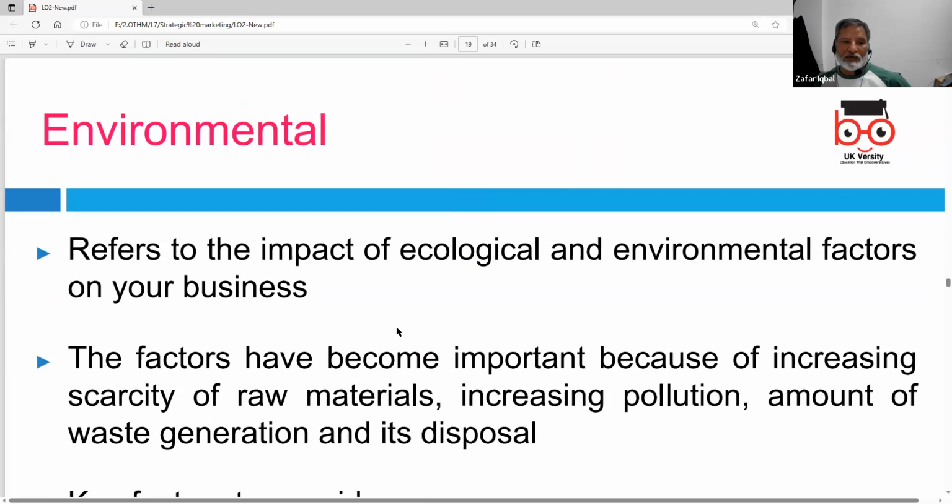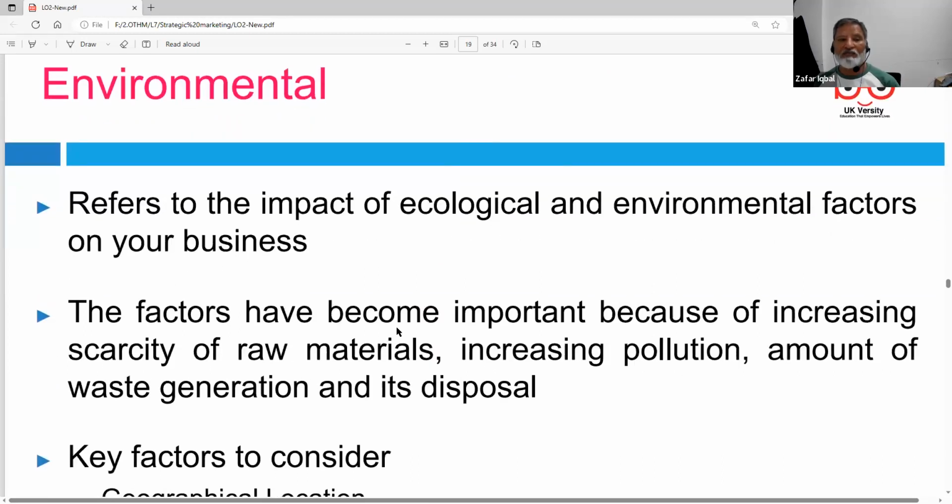Lastly, environmental factors will have an effect on any organization.